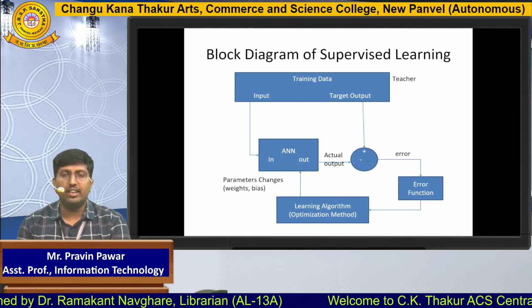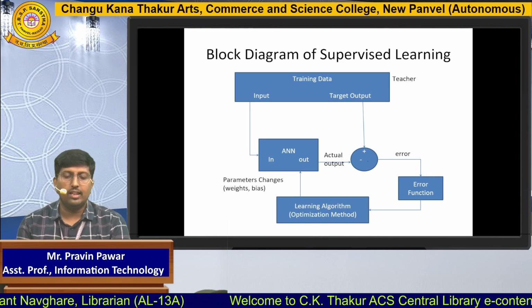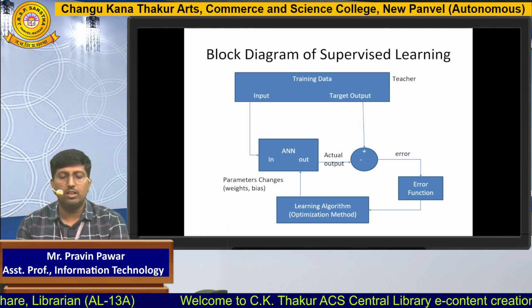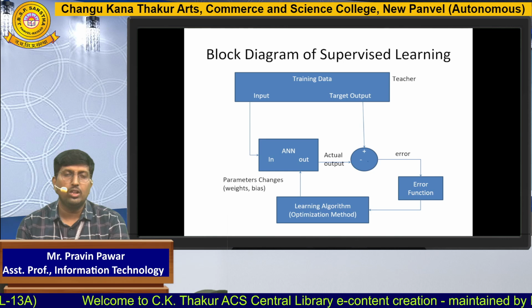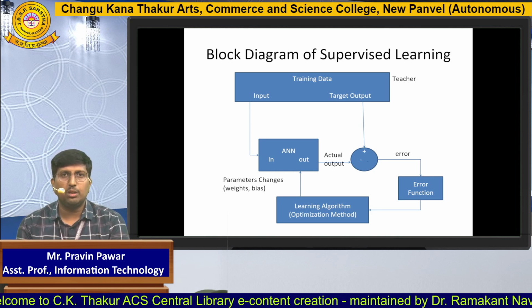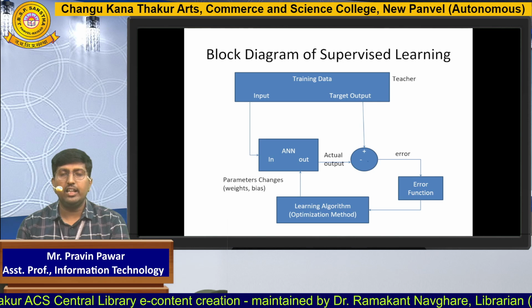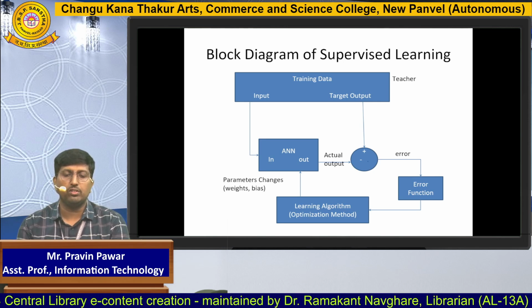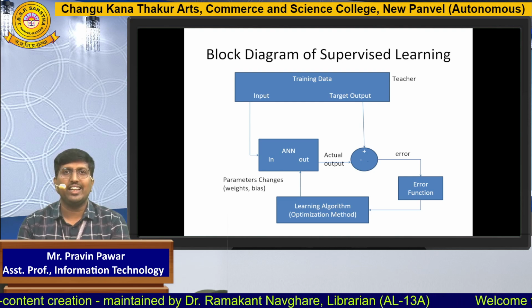If there is an error, the machine is going to generate the error, so error functions are going to run. Then after running the error functions, the learning algorithms optimize the methods used to correct those errors. So we are going to change some of the parameters related to the machines, that is maybe the weights and the bias values related to the input values. Again, it is doing the same process until we get the exact output.